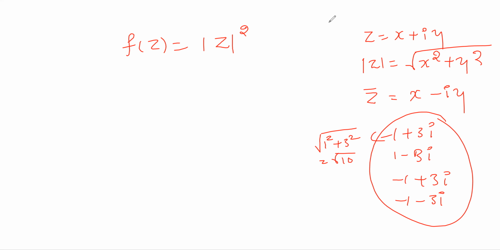What, Vignesh? Sir, conjugate of z is okay, but what will modulus of z be? Yes, for the modulus of z you just take the square root of real part square plus imaginary part square.